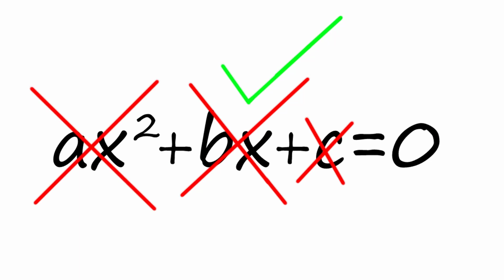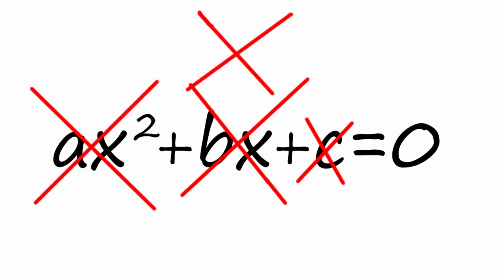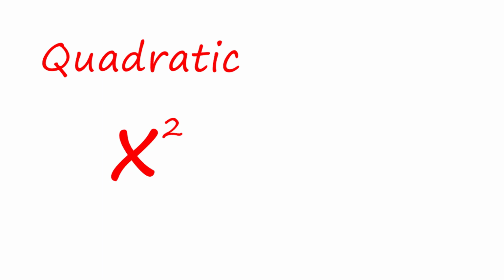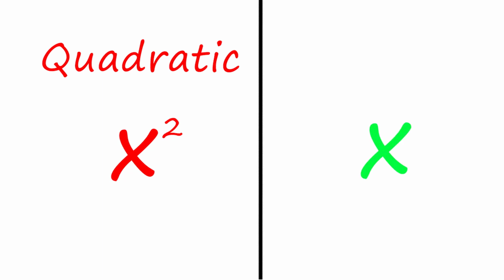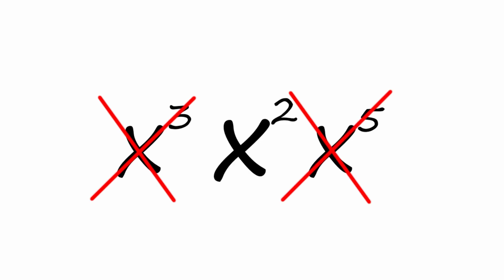However, if you take away the ax squared, the equation will turn into a linear equation. So if an equation has an exponent of 2, it is a quadratic equation, but if it has no exponents, it is linear. Even if it has an exponent of 3 or 5, it's still not a quadratic equation. Quadratic equations only have exponents of 2.